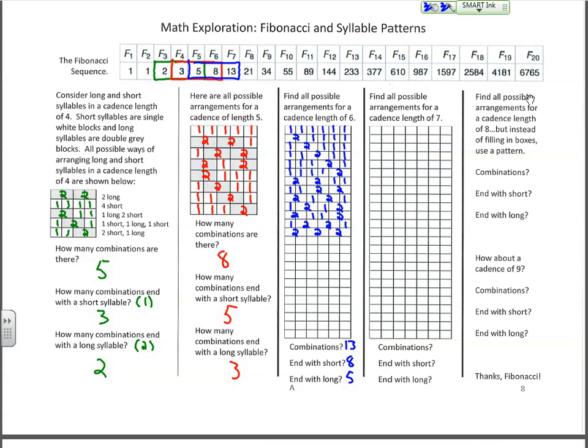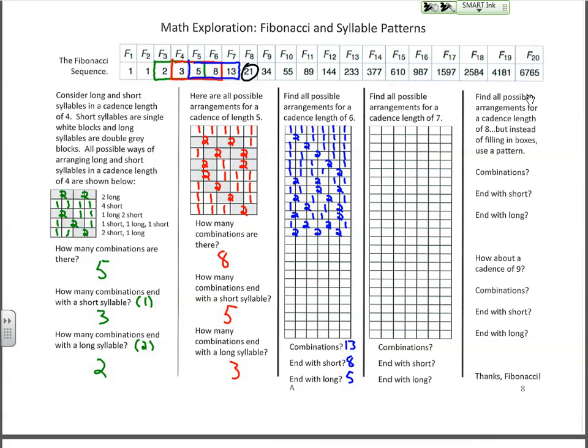Right there. Okay? So, your job now is to find all the possible arrangements to total 7 using 1s and 2s. You know that you should come up with 21 total combos because that's the next number in the sequence.